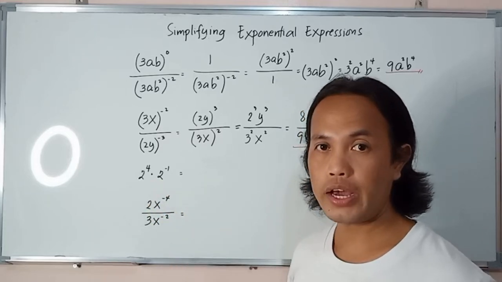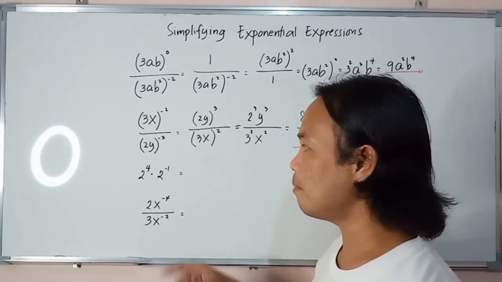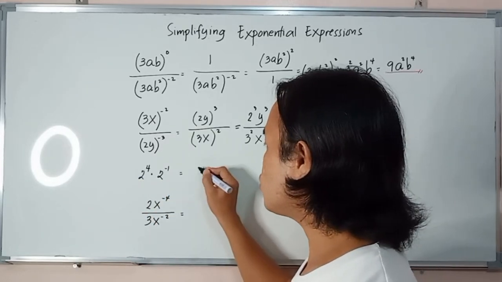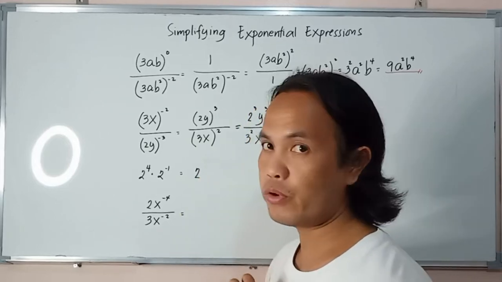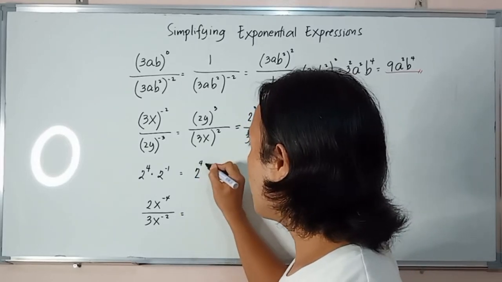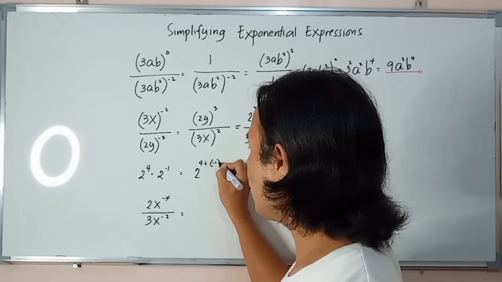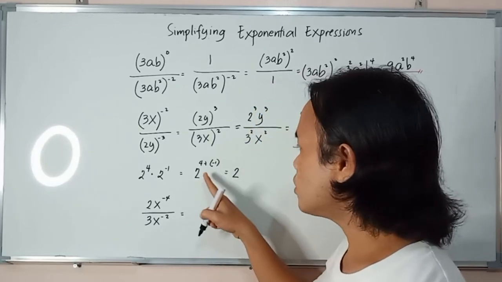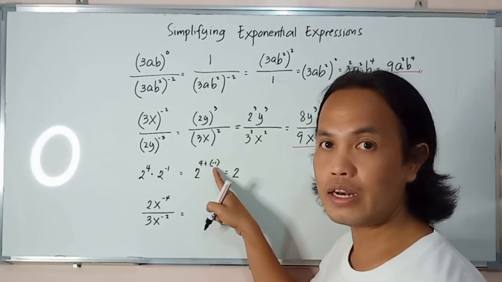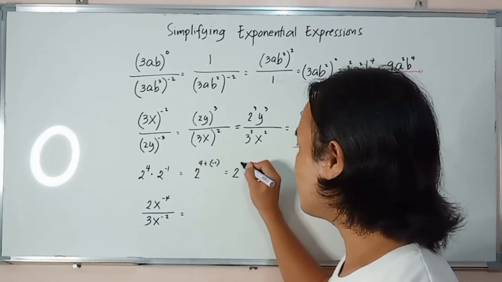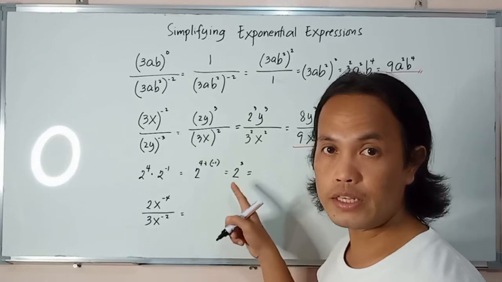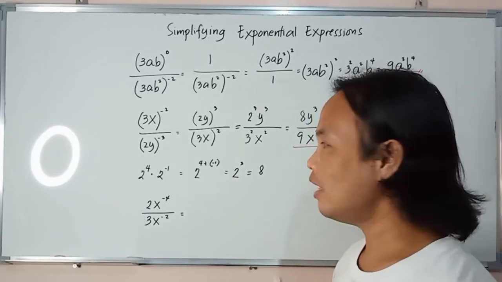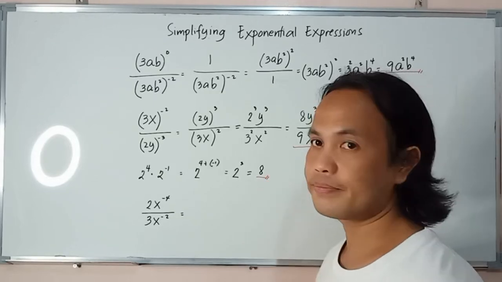The same base, we add the exponents. So we copy the base 2. We add the exponent, that is 4 plus the negative 1. So we copy 2. That's 4 plus negative 1 is positive 3. And 2 cubed is just equal to 8. So our final answer is 8.